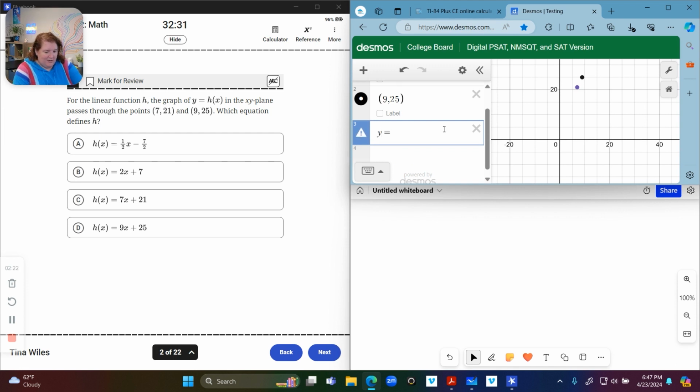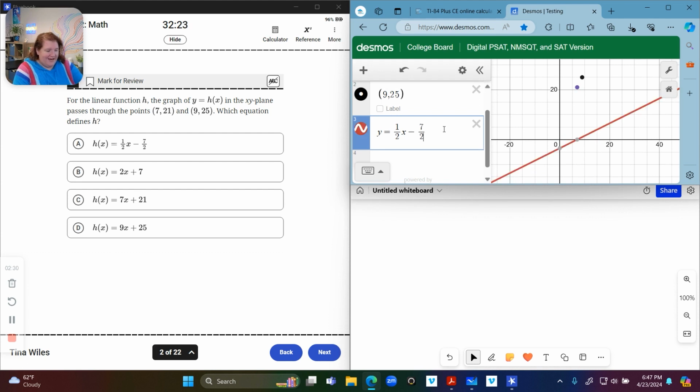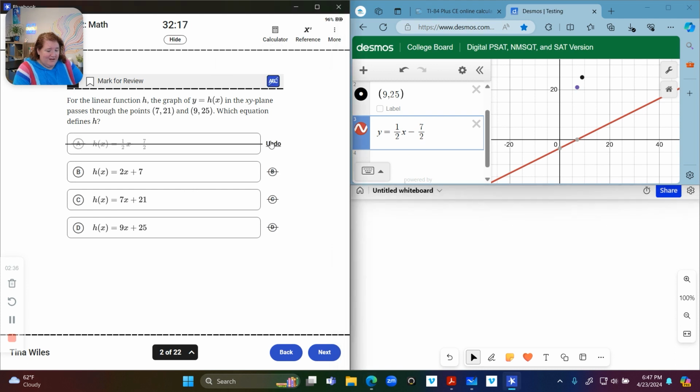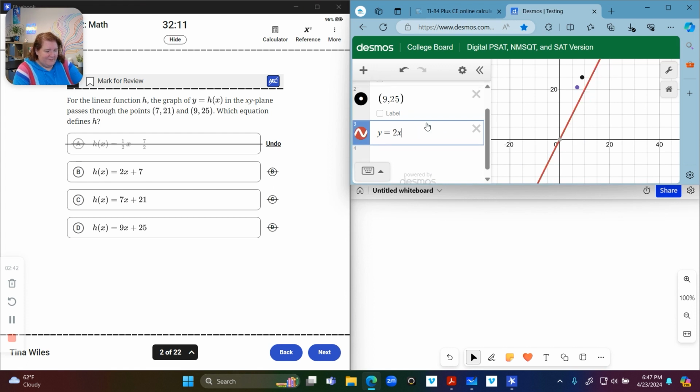Y equals one half x minus seven halves: I could tell it wasn't right because it had a negative y-intercept and a very low slope. Then 2x plus 7. Look at that, it goes right through those points.